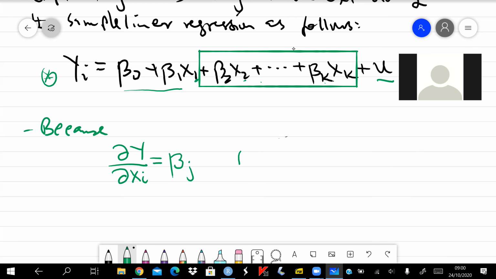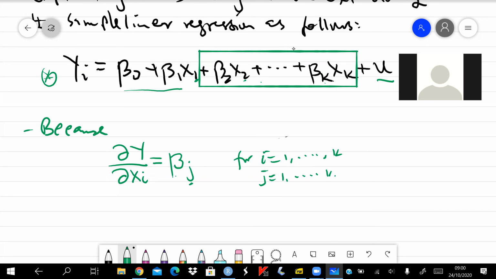So i and j are starting from 1 all the way to k. This value here takes either beta 1, beta 2, all the way to the end.